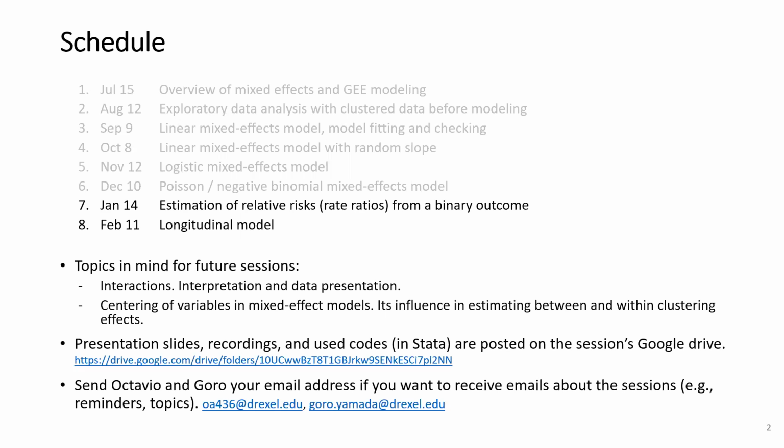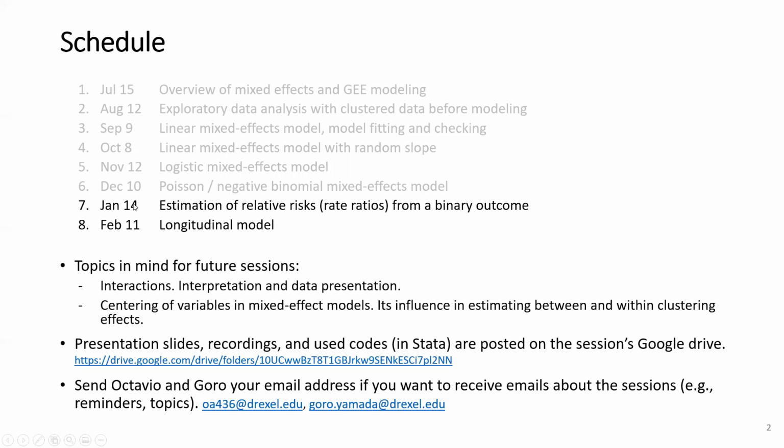And this is the list of topics we covered up to now. Last year, we talked about multi-level modeling using linear regression, logistic, and Poisson. And today's topic is somehow different.